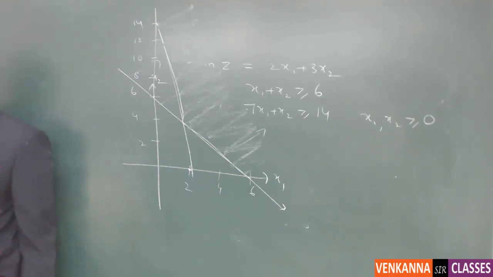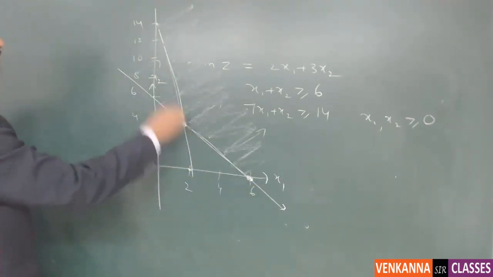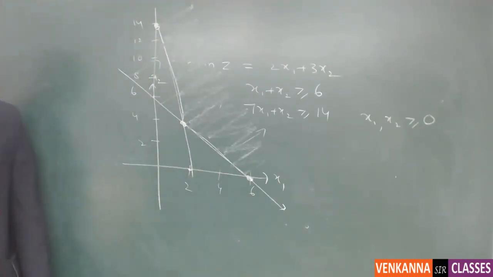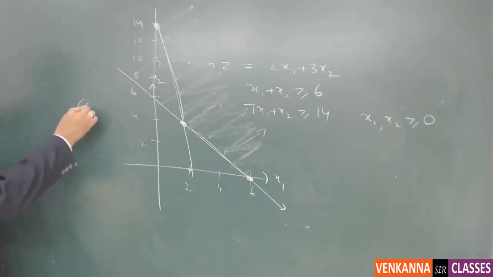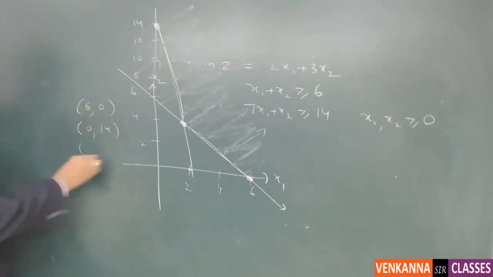Any questions for anybody in drawing these graphs? Fine. Now, if you look at the points, so what are the points we need to take? 6, 0, 0, 14, and an intersection of these two.